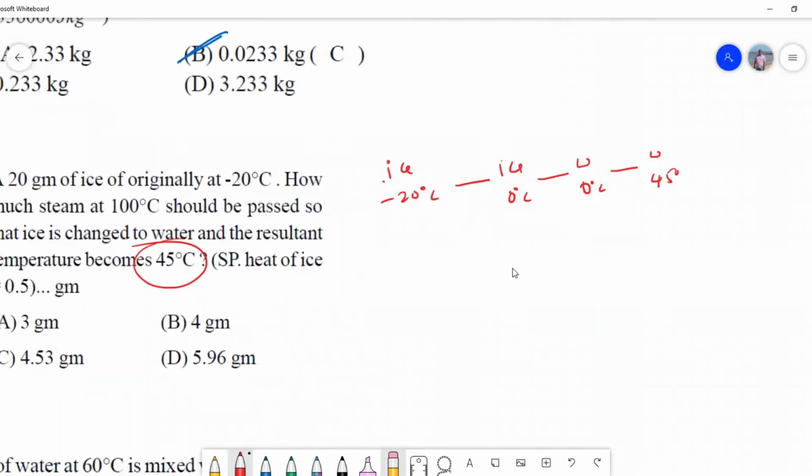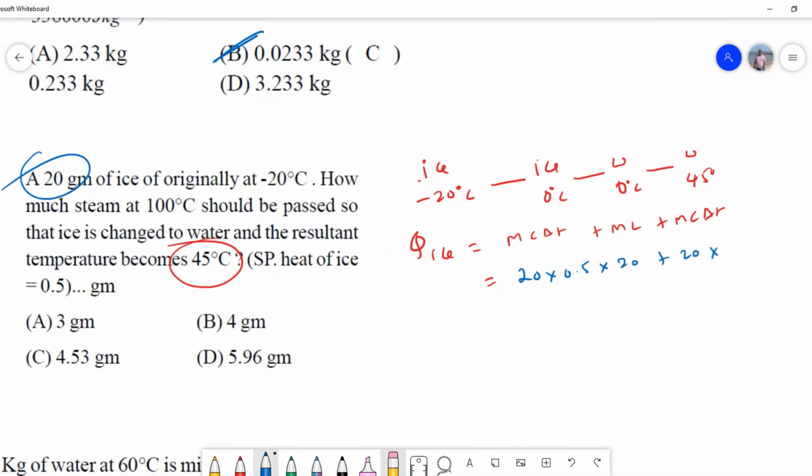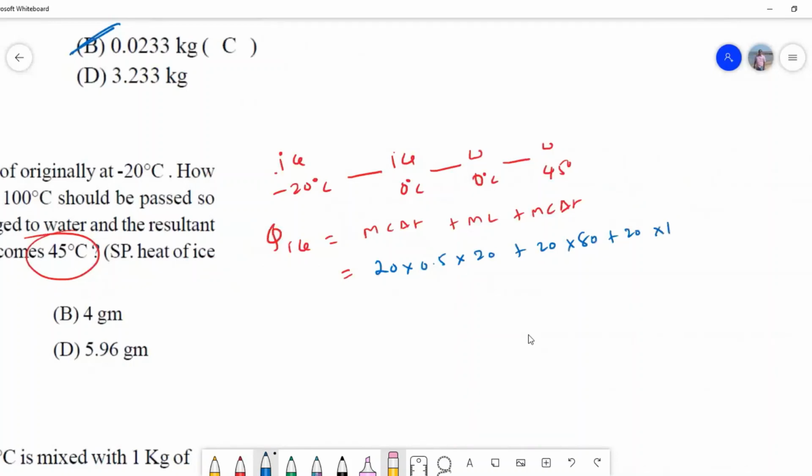So this is the heat absorbed by ice. Heat absorbed by ice is equal to, we know, mc delta T plus mL plus mc delta T. What is the mass of ice here? 20 grams, and 0.5. Change of temperature is 20, plus again 20 grams. Latent heat of ice 80, plus again 20 grams, that became water, specific heat is 1, into change of temperature 45.